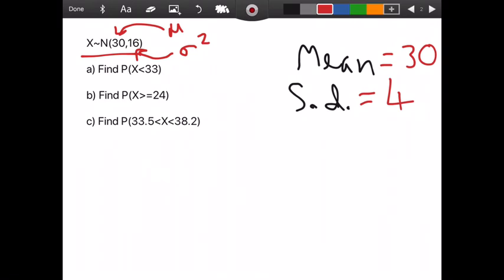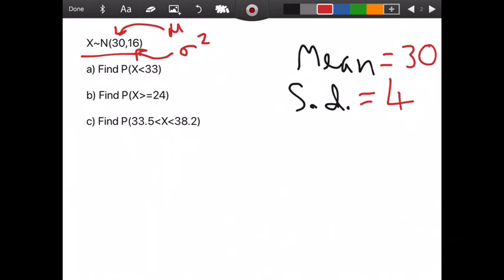So we're going to put A, B, and C into our calculators. A couple important things to note first. When we're looking at x is less than 33, that's okay. We'll be able to look at all values up to 33, and we can just write 33 as our upper bound.